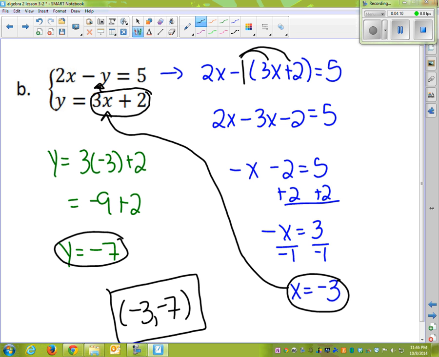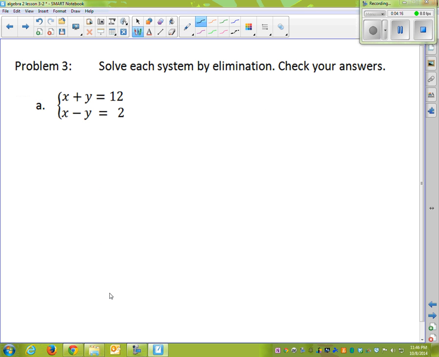So sometimes the equations aren't set up where it says x equals or y equals. In that situation, we're going to solve them by a method called elimination. And some books also call it the addition method. It's called the addition method because we add the two equations together.